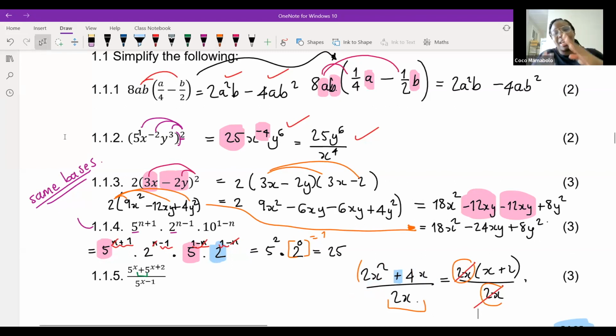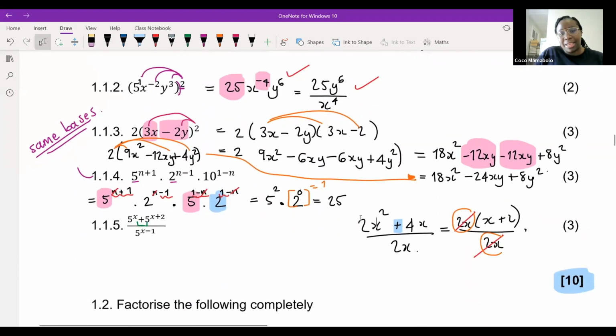Then only then can I cancel them. I can't decide that 2x and 2x will cancel and 4x and 2x will cancel and there'll be a 2 left. No, we don't do that. We first factorize and then we cancel. Is that making sense, Neil? Are you with me there? We have to factorize and then cancel.